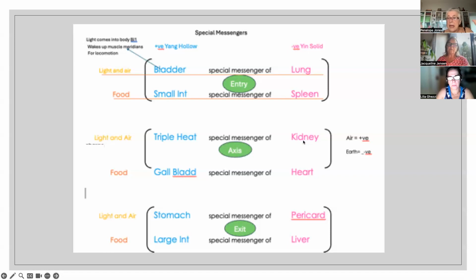The kidney gate distributes energy to all the meridians via the triple heater, because the triple heater connects with every meridian via the yuan source points, which we've already done. And what Kevin has noticed is that this is not just for this pair. It is also a pattern between all pairs of special messengers. And that's what we'll go into further as we go along.